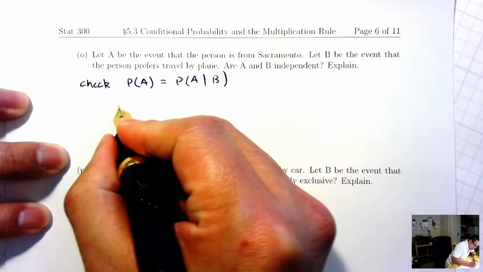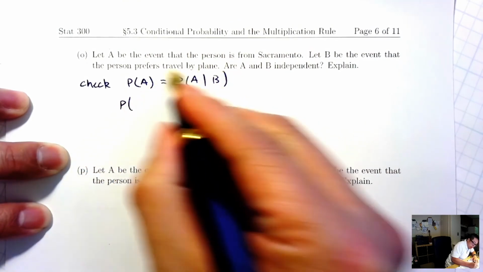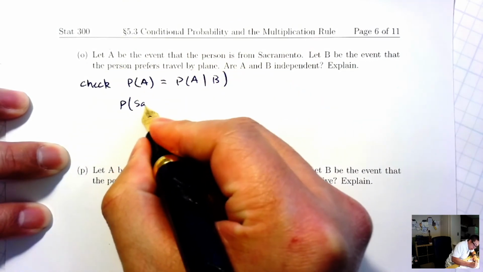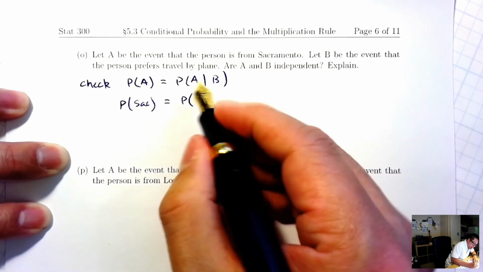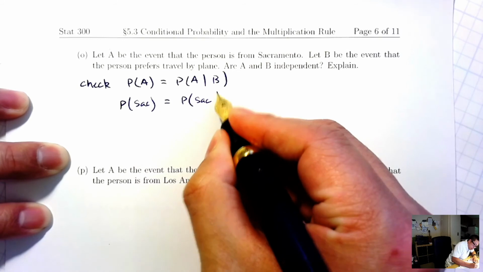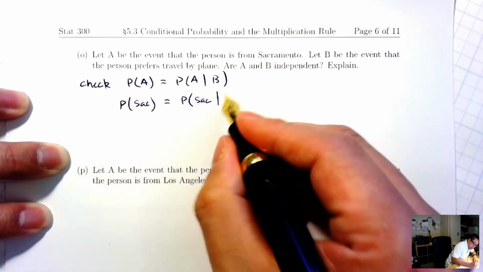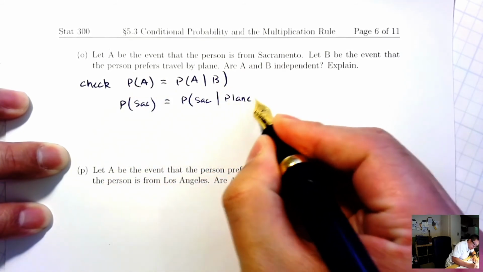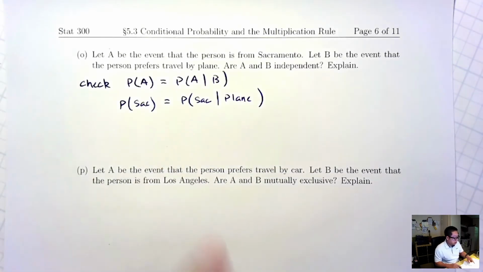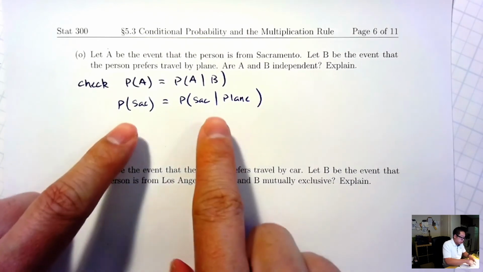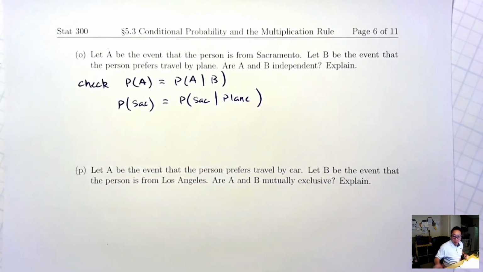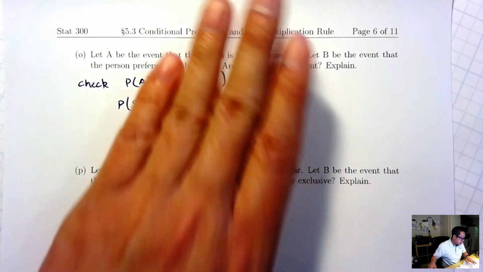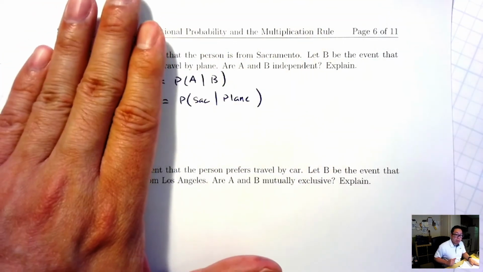A means Sacramento, so P of Sac equals P of Sac given B, which was plane. Probability of Sacramento equals probability of Sacramento given plane. Then all we're going to do is calculate each probability, the left side and the right side, and check whether or not they're equal. The left side we know how to do. The right side we also know how to do.